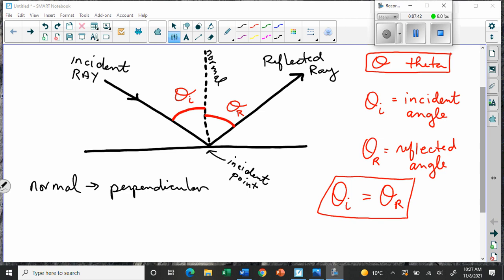The reflected ray of light might not be as bright as the incident ray of light, because this object we're bouncing off of may absorb some of the light. It also may not be the same color as the incident ray, because we've seen how some colors can be absorbed and some colors reflected. But if there is any reflection at all, this is how it will go. This is the way the reflected light would go.